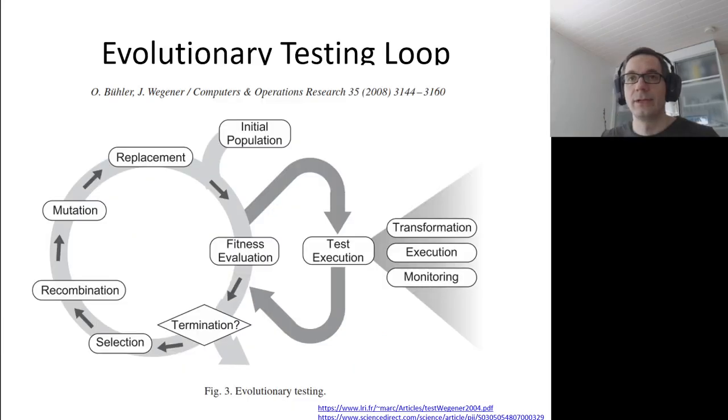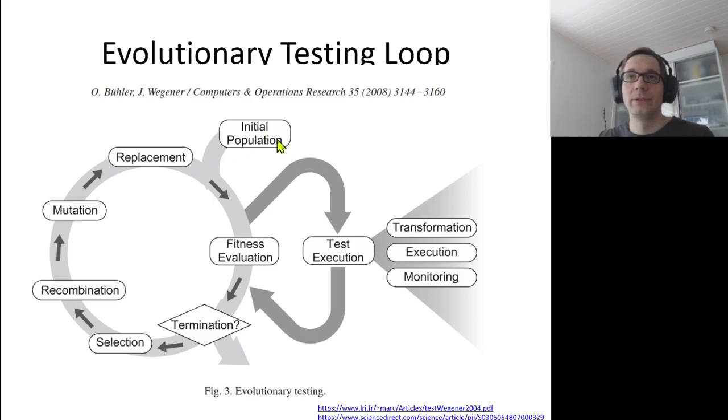Okay, now we understand the basic components. Now let's see how their entire system works. So here is their evolutionary testing loop from their later paper from 2008. And here we start from the initial population phase on the top.